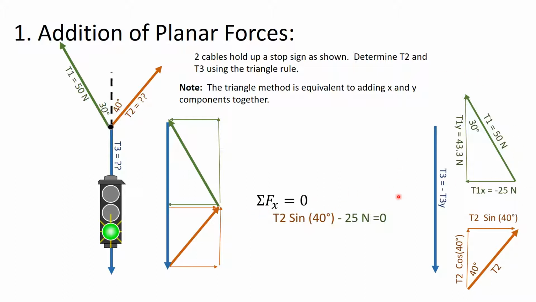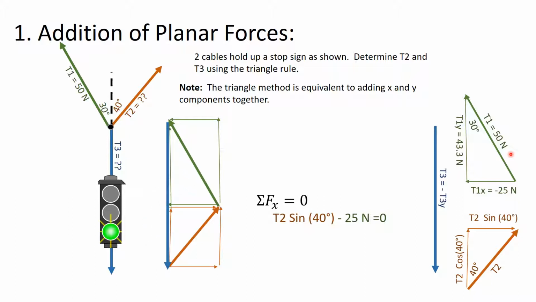Now I want to show you how this maps out to the triangle that we've created. So here are our x components, and you'll notice how these x components are equal and opposite to one another. So the top and the bottom of our box here are equal and opposite, and that's what leads to our equilibrium condition.